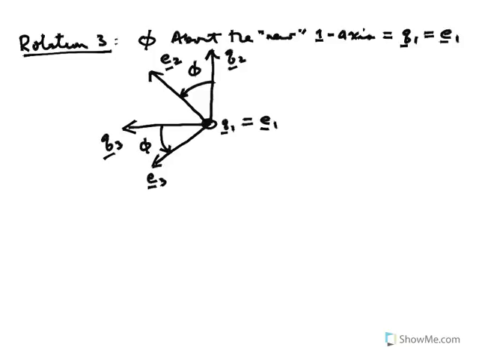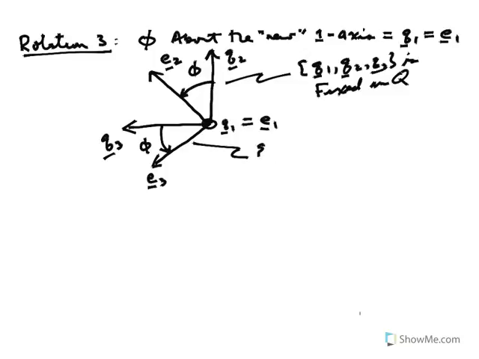And now we can do all the same things we did before, which is that we know that Q1, Q2, Q3 is fixed in Q, and we know that this last basis, which is E1, E2, E3, is fixed in the body, which is B. So now what we have is a couple of things.